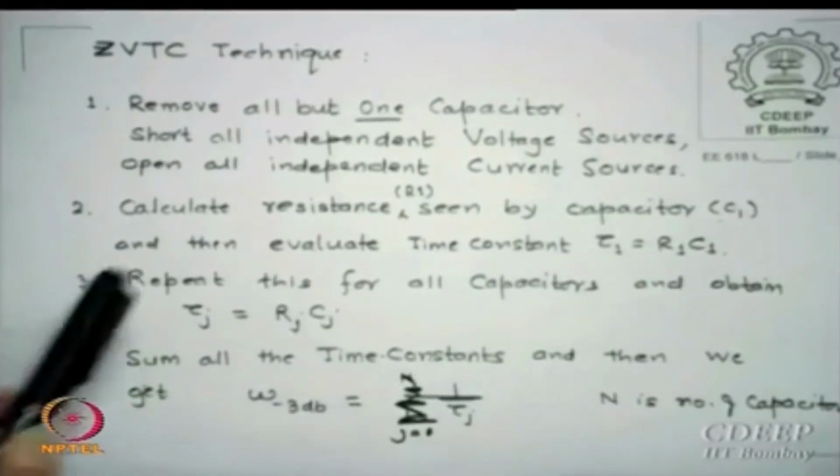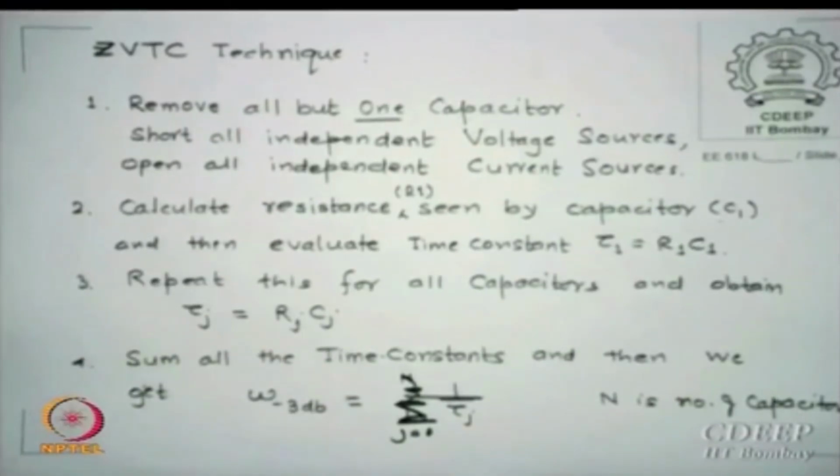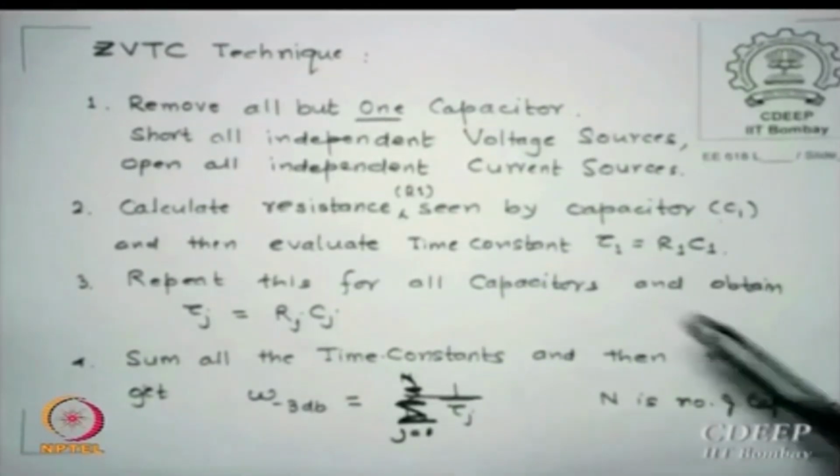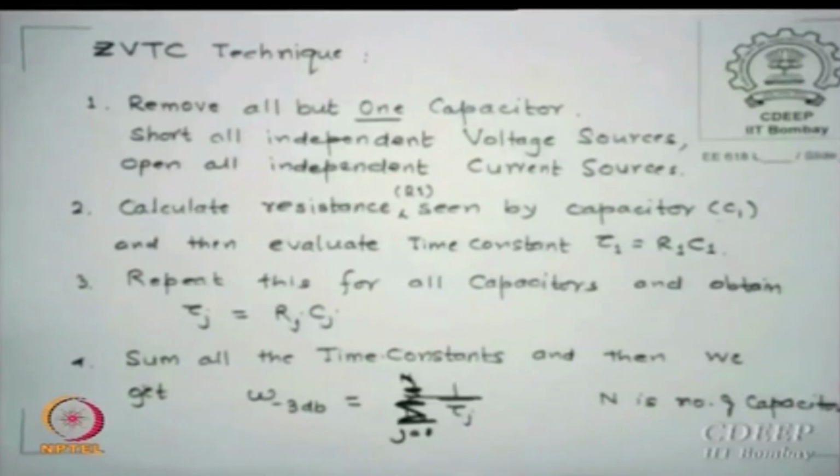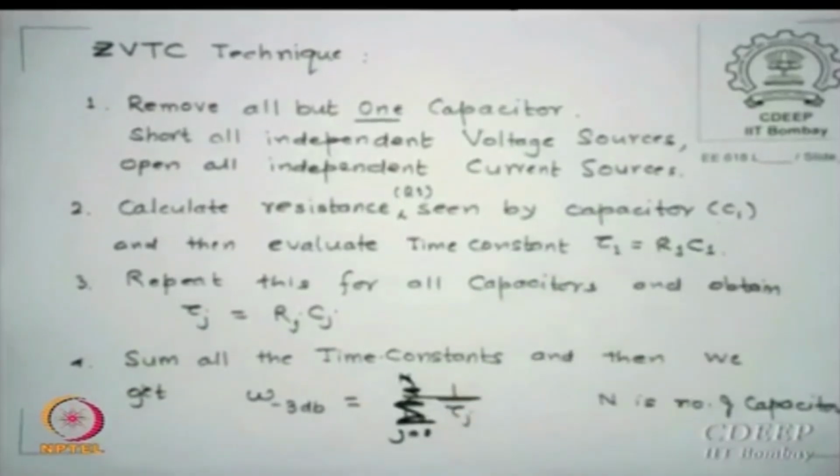Now we want to calculate a resistance R1 corresponding to the chosen capacitor C1 and then find out the time constant which is R1 C1. Whichever C1 you chose, how much resistance it sees in the circuit using this, I will call it R1, and the time constant associated I will call R1 C1.